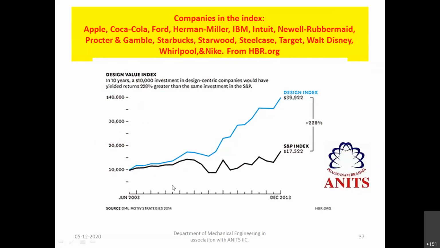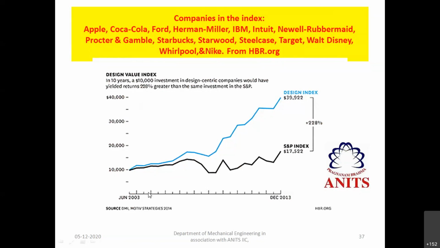They have implemented design thinking. Compared with those who have not implemented design thinking, over a 10-year span an investment of $10,000 in design-centric companies would have yielded returns of 228%.